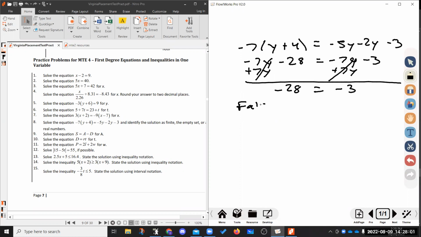This is false. This is called a contradiction. And it means that there's no solution to this problem. No matter what I put in for y, it's always going to be false. It's not going to come out to be true ever.